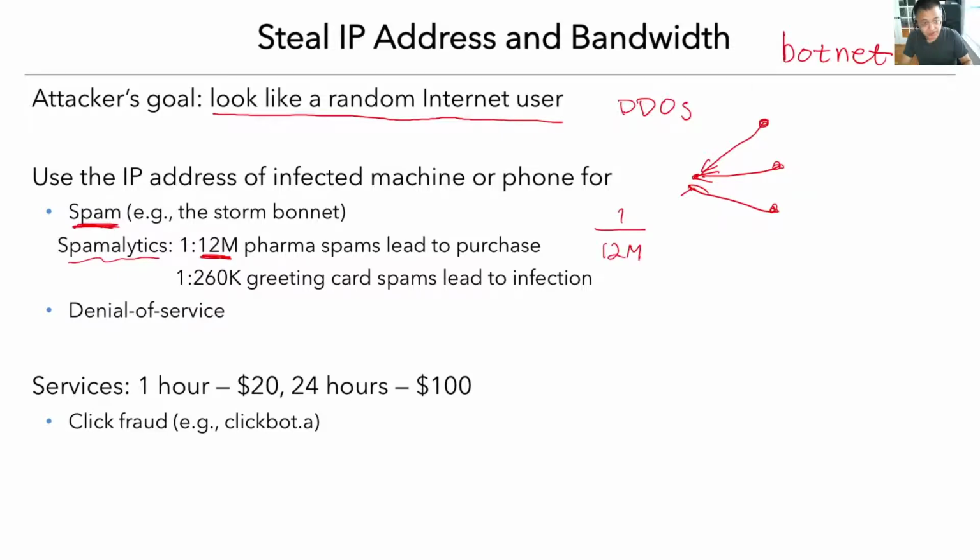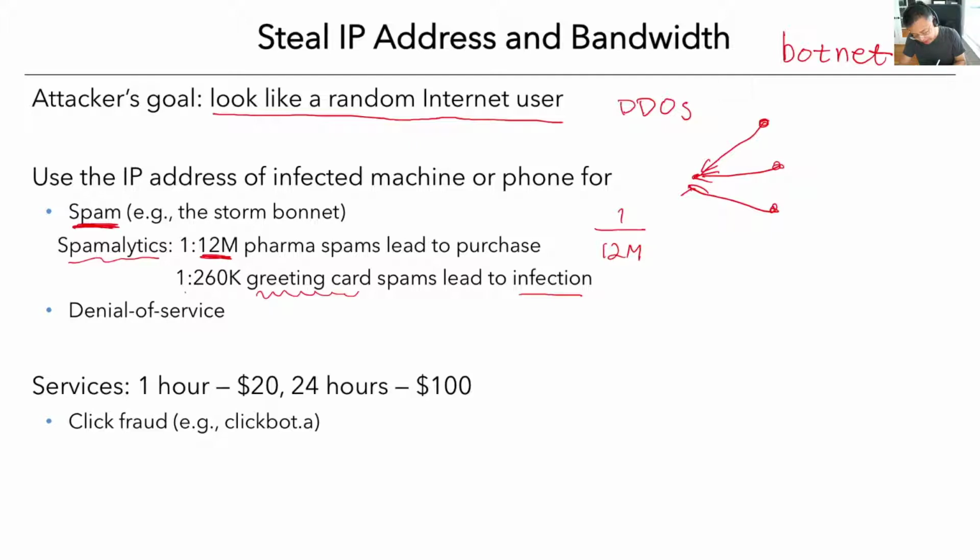If you think about this, the cost of bandwidth will far exceed the benefit from the purchase. So this can only be done by using others' machines and bandwidth. Okay, 1 out of 260K greeting card spams will lead to an infection. So this is a Christmas greeting card.